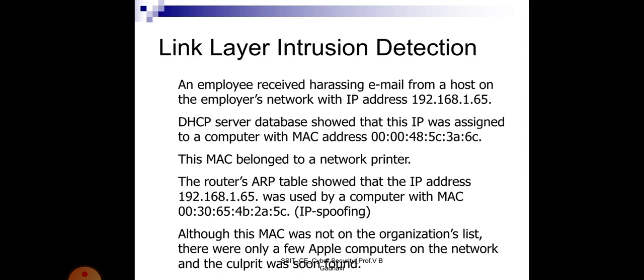A router's ARP table showed that IP address 192.168.1.65 was used by a computer with a different MAC. This is IP spoofing. You already know spoofing is an act of disguising a communication from an unknown source as being from a known trusted source.